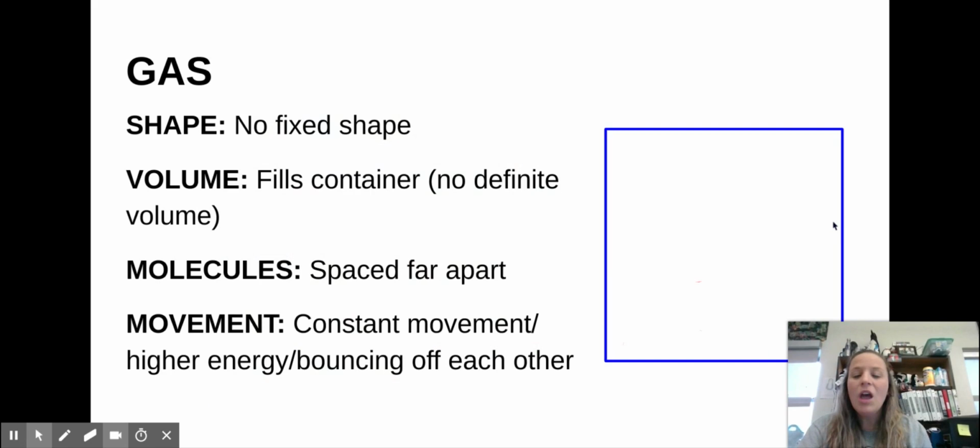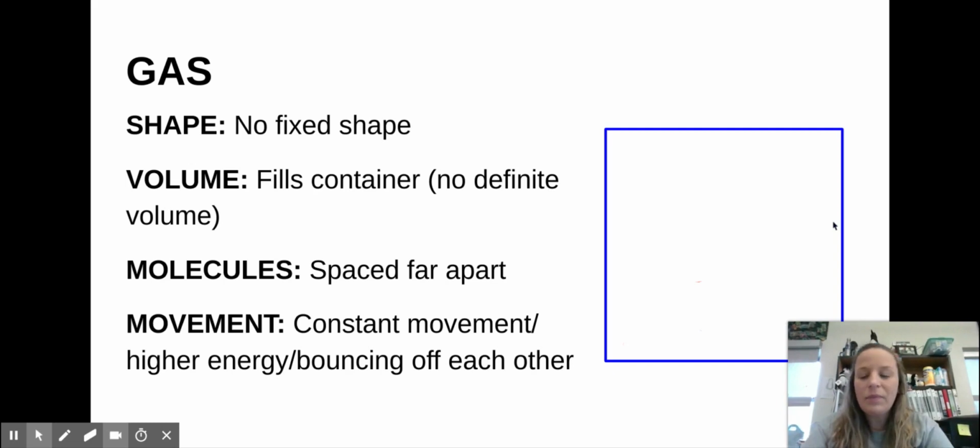All right. So a gas. Gases are weird. There is no fixed shape. And there's no fixed volume. Gas is going to keep spreading out to fill whatever container we're talking about, whether it's the half of my water bottle or whether it's an entire room.